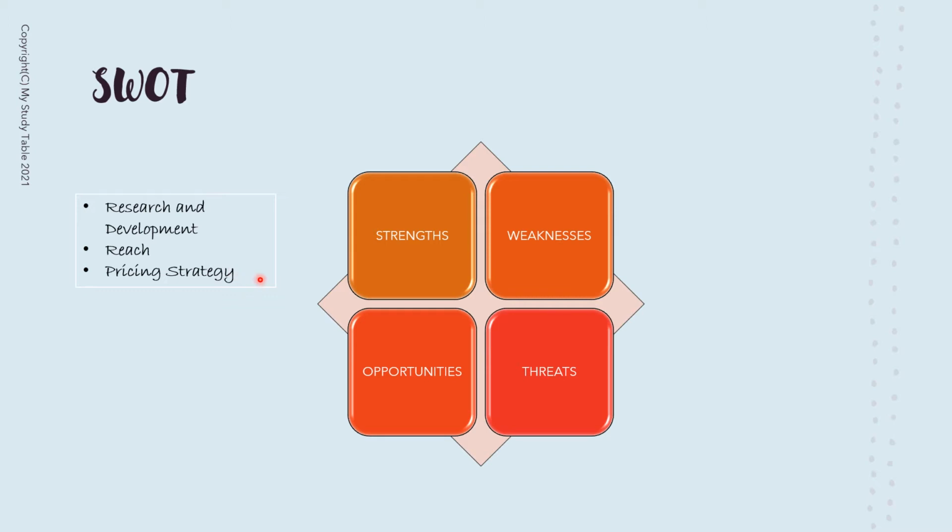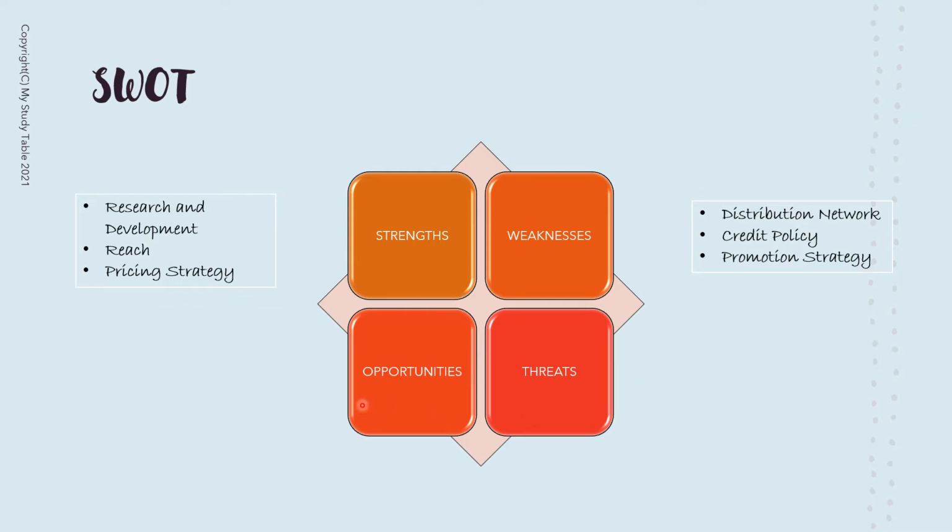Pricing strategies. The identification of weaknesses can help the company address them and work on improving the same. So again, I have named a couple of weaknesses such as distribution network. It could be the credit policy of the organization. It could also be the promotional strategy.